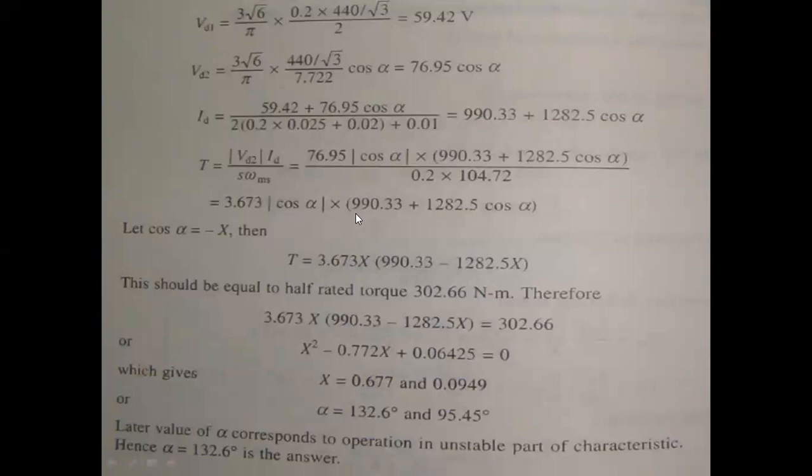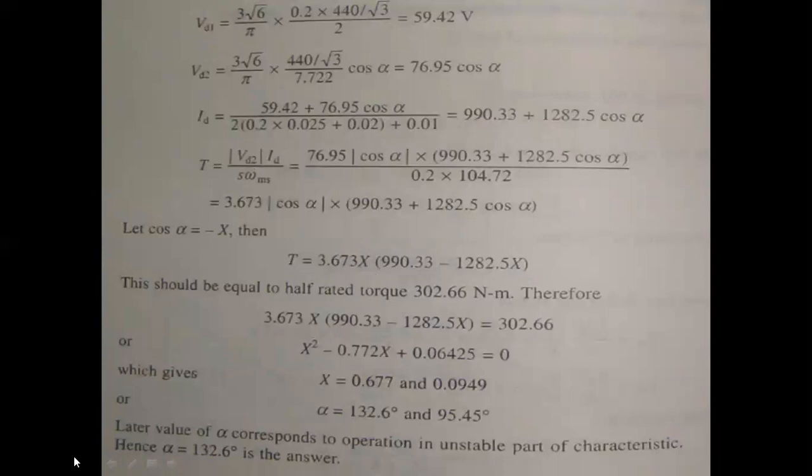T is equal to 3.673x into 990.33 minus 1282.5x. If you multiply into the bracket, 3.673x into 990.33 minus 1282.5 into x is equal to T. So what is the value of T?